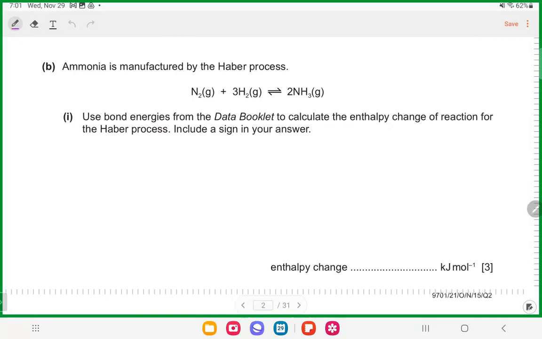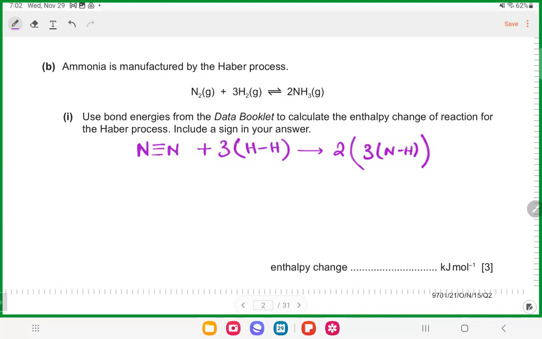सही है? You know that nitrogen is nitrogen triple covalent bond nitrogen plus 3 times hydrogen single bond hydrogen. Agreed? Reactant forming 2 times of 3 of nitrogen hydrogen bond. एक ammonia में you have 3 NH bond, NH3 है ना, and you have 2 moles of ammonia. So basically 6 से multiply होगा NH.